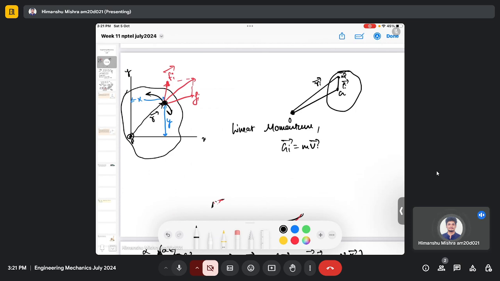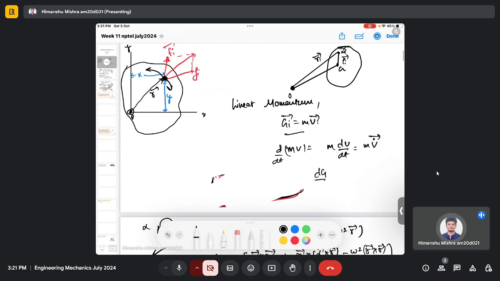Right? And if I take the time derivative of mv, I will get m dv by dt, which I can write as m v dot. So this will be given as dG by dt equals m v dot, and v dot is actually the acceleration, so it is ma.